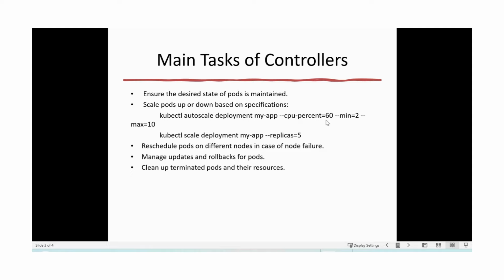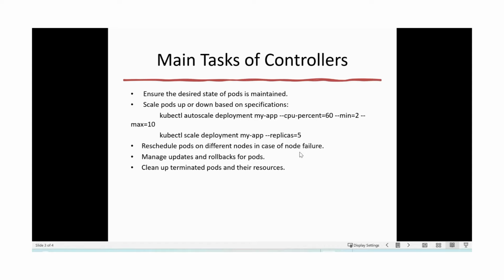We have given min as 2 and max as 10. It means it can scale up to 10 instances, and when usage goes down below 60%, it will bring down one at a time until 2 instances. So this auto scaling is also managed by the controller. And reschedule the pod on a different node in case of node failure.